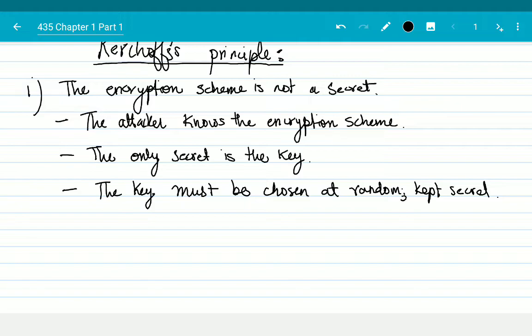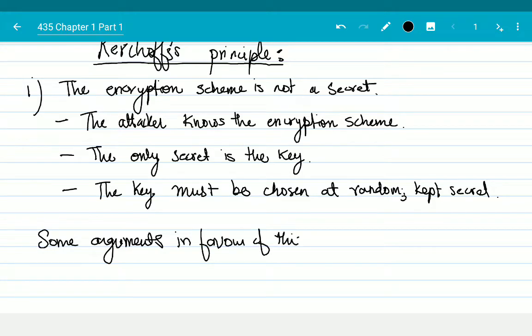Okay, and why? Why is this the thing that we want? Here's the reason. Some arguments in favor of this principle.